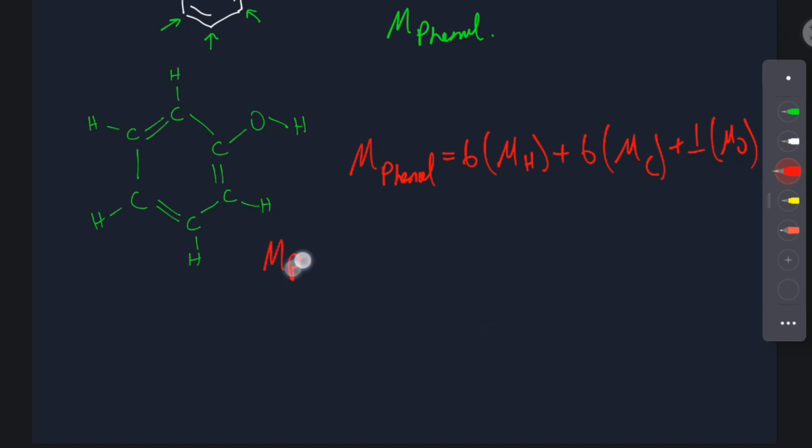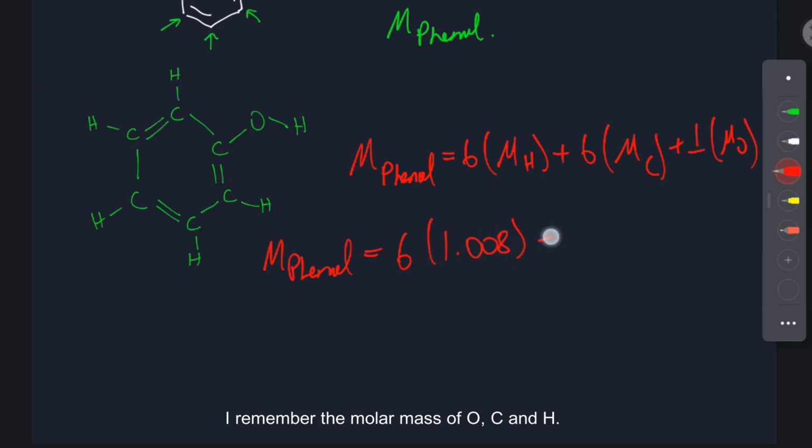If we write the molar mass of hydrogen, carbon, and oxygen, it will be 6 times 1.008 plus 6 times 12.01 plus oxygen.